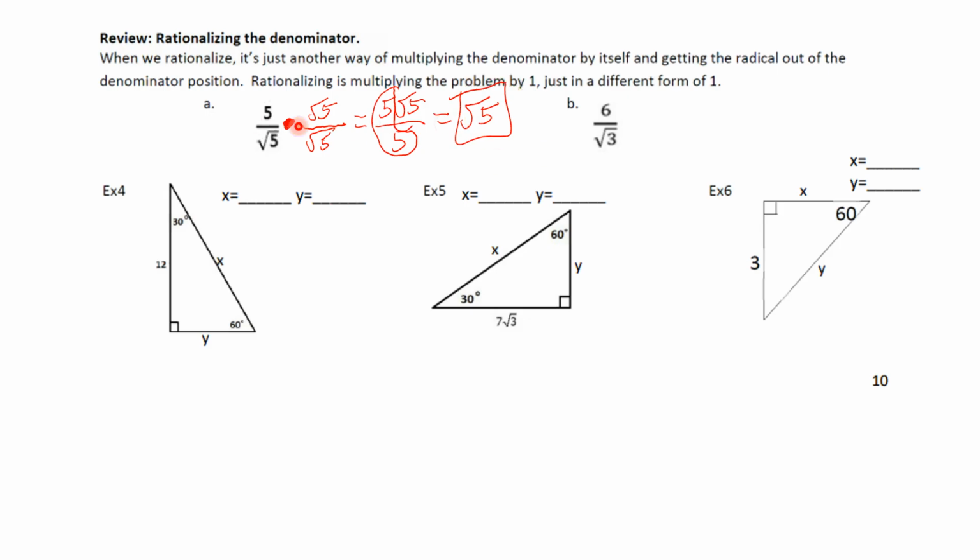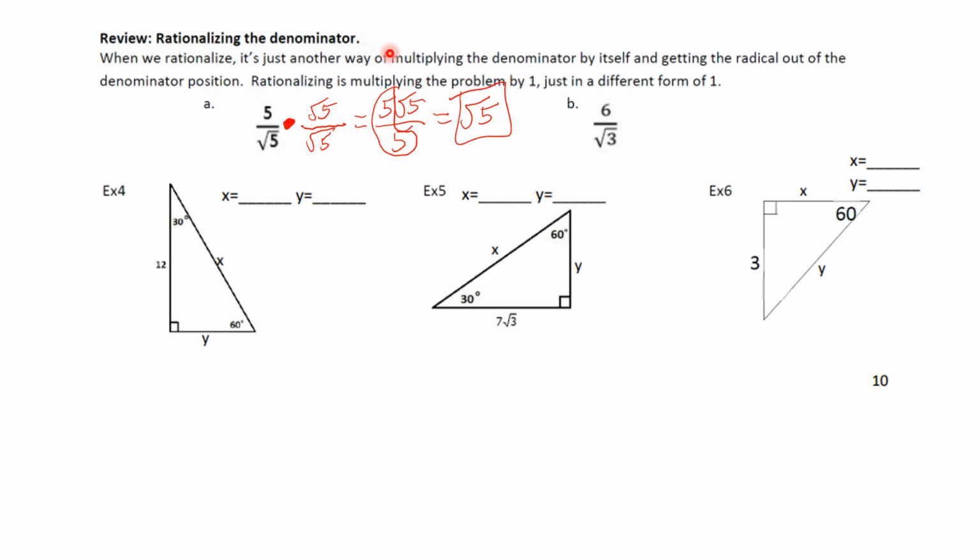The reason why is because when we multiplied by root 5 over root 5, well, root 5 over root 5 is just 1. Anything divided by itself is just 1. So essentially, we just multiplied this thing by 1, just in a clever way to get rid of this radical in the denominator, and we're left with this. But they are the same value.